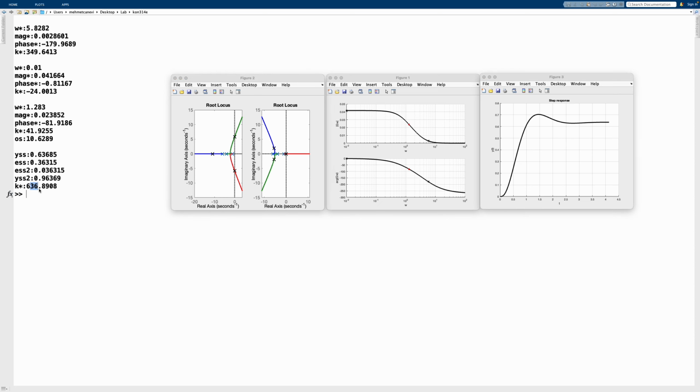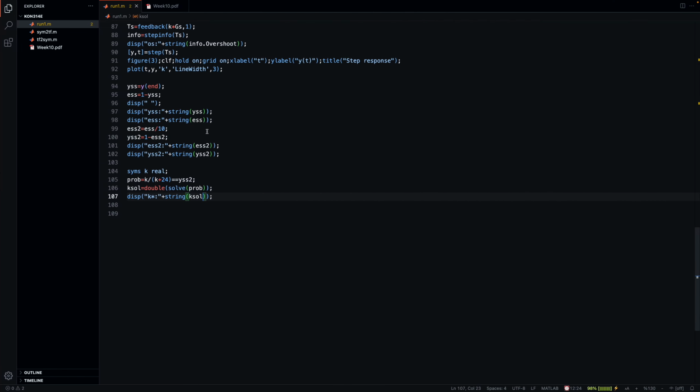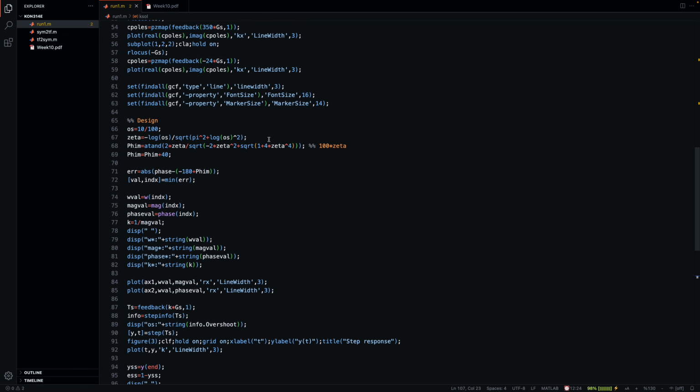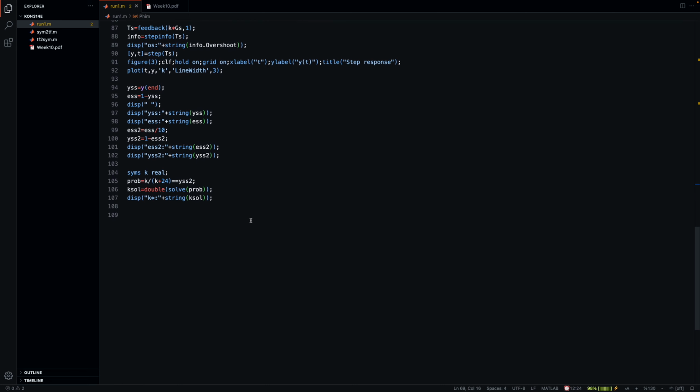There we go. Now, 636 seems to be the one. Oh, of course. Let me change this back to its original state, where we have a little bit of error, where it is a little bit off, and not add this.